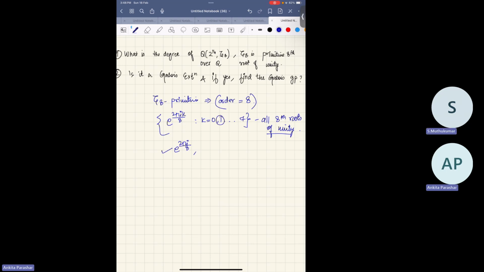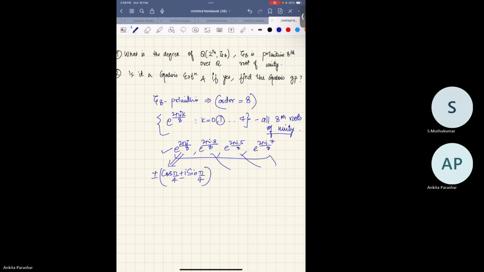This will get you this, then this, and this. Expanding that, this one is nothing but cos(pi/4) plus i sin(pi/4). And if you see all, they are related. These are just plus minus of this. So all the roots are exactly like this. These are all 4 roots.